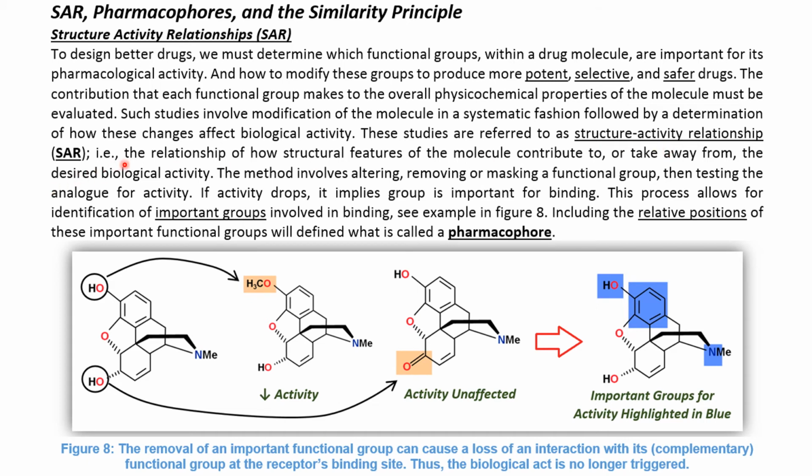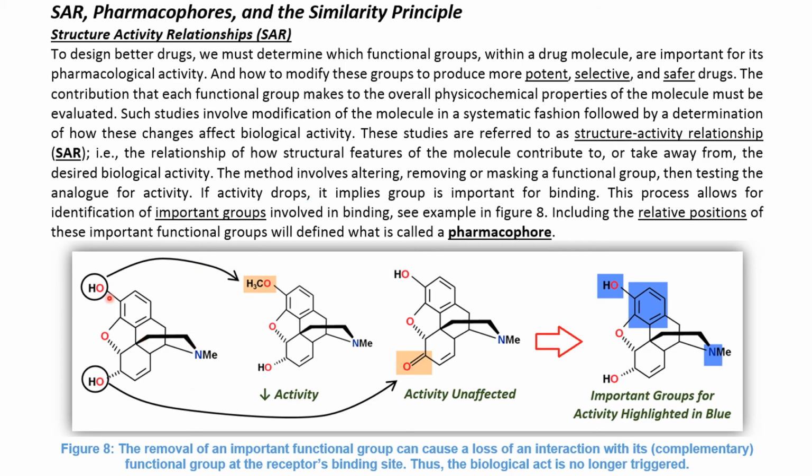We have seen this in an example in the previous session, where we have a molecule and we change the functional group, either alter it, remove it, or mask it, and then see the effect on the activity. Based on the results we can decide on the important functional groups. Once we know them, if we identify their relative positions in space, we define what's called a pharmacophore.